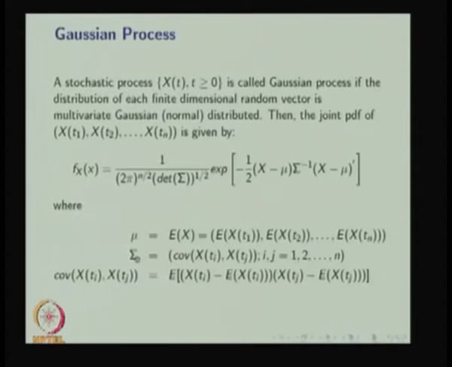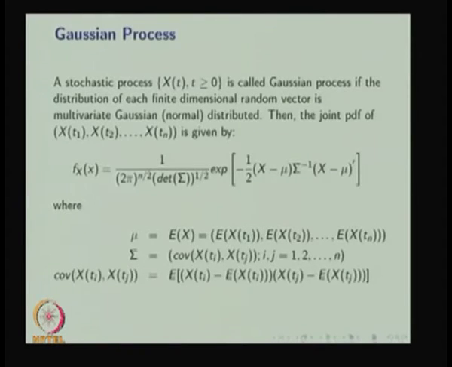And this notation sigma is the covariance matrix, with entries the covariance between any two random variables X of t_i and X of t_j, where each index runs from 1 to n. Therefore it is a square matrix.